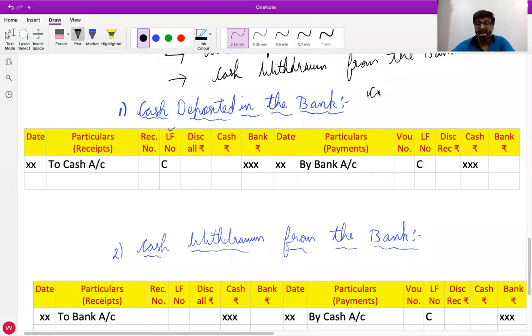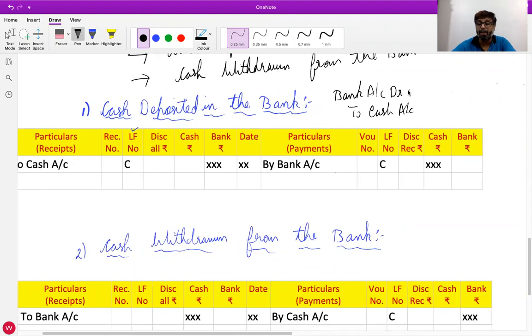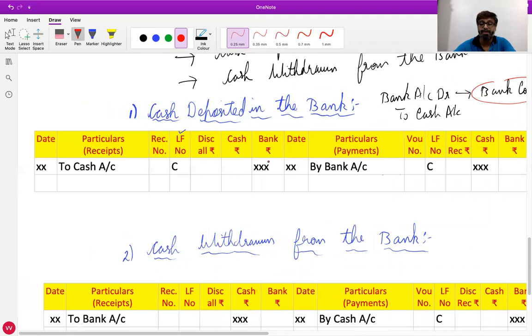Journal entry is bank account debit to cash account. Bank account debit means in the bank column we will write on the debit side. Okay, actual concept I am explaining again. In the bank column we will write on the debit side, and in the particulars you'll write the name of the opposite account, to cash account.